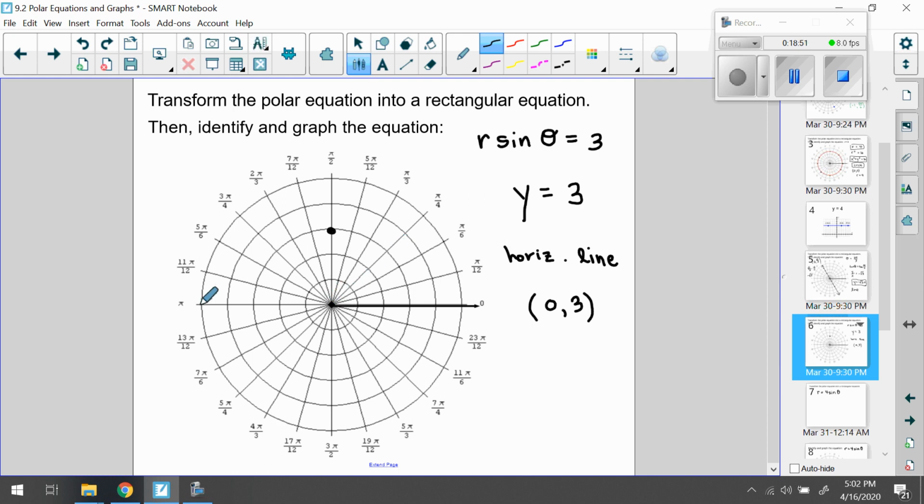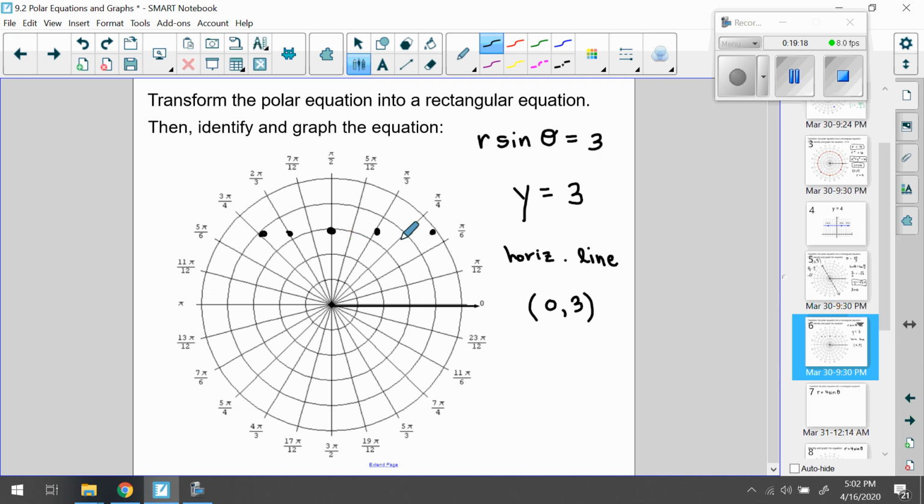And so to think about y equals 3, we have to think about this polar axis acting kind of like our x-axis. From this polar axis, I need to go up 3 units. So I might have a point here, and here, and say here, or here, or here. You'll notice these points are just kind of floating randomly. They may not be on one of these angles.